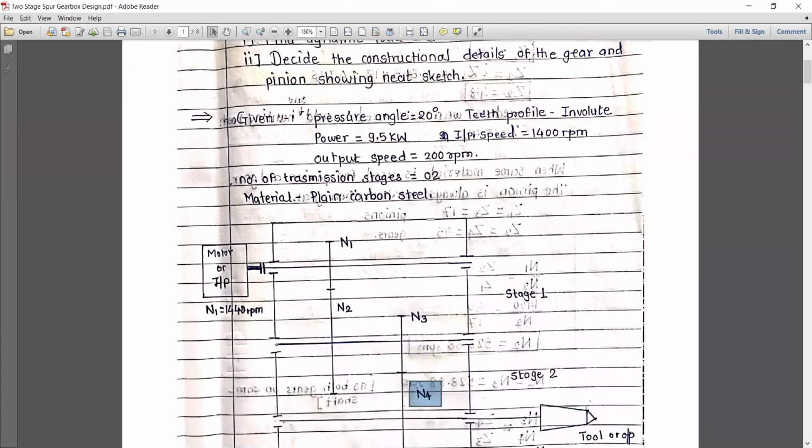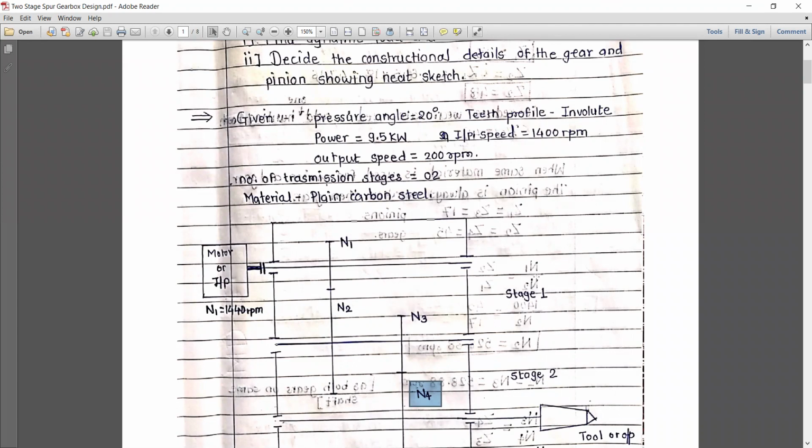Now, first step, we need to write down the given data. The pressure angle is given as 20 degrees. Tooth profile is involute. Power is 9.5 kilowatt. Input speed 1400 rpm. Output speed is 200 rpm.